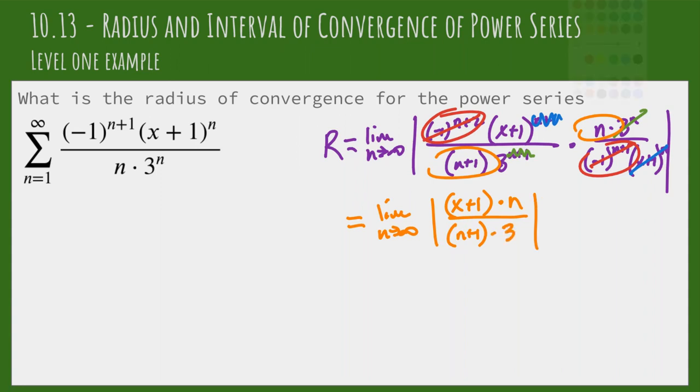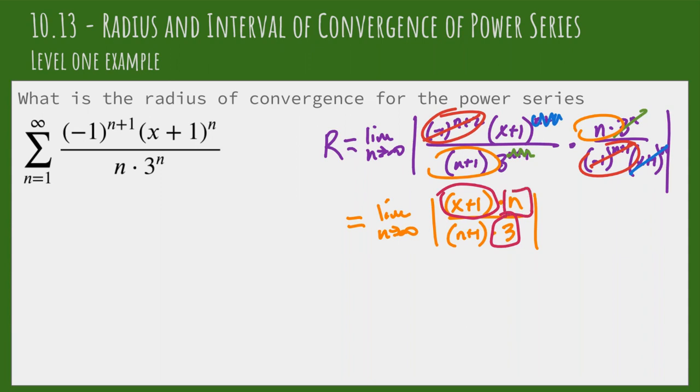Now, in this limit, the limit is as n approaches infinity, and the value of x does not depend on n, and the value of the 3 does not depend on n, so those we can actually take outside of the limit. So essentially, I'm thinking about this as kind of factoring that out.